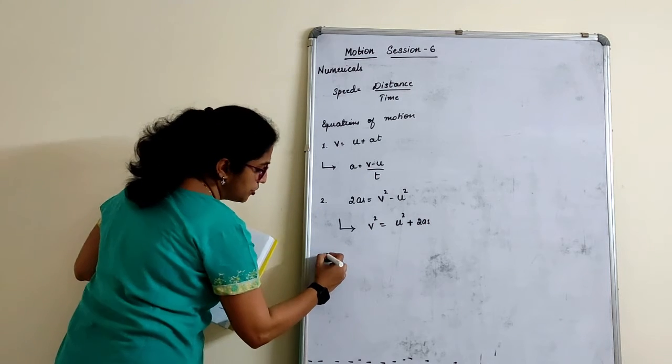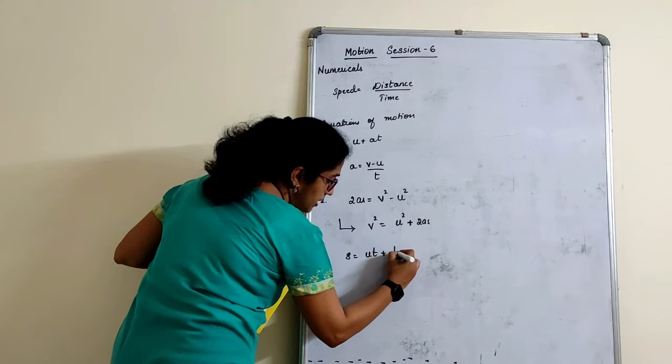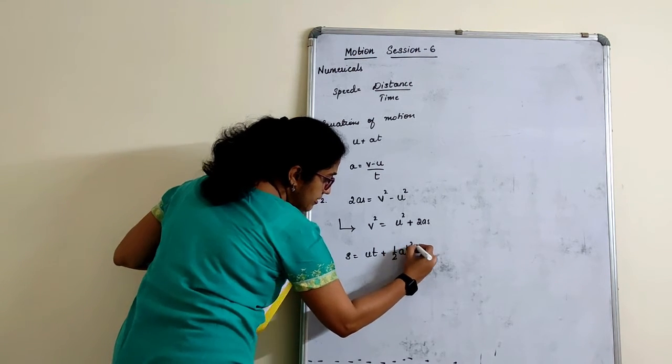Anyhow you can write this or you can remember. Third one, S is equal to UT plus half AT square.